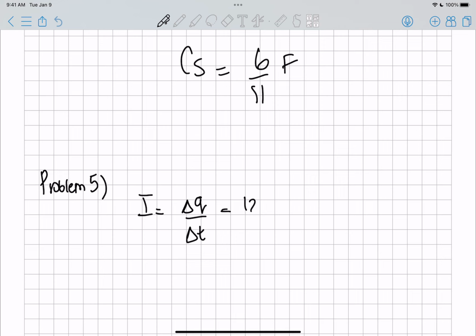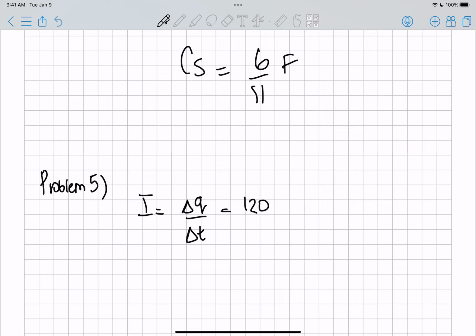We know that there are 120 ions, right? What charge does each ion carry? Yeah, 2 times the charge of an electron, right?